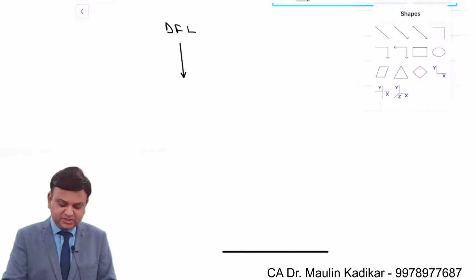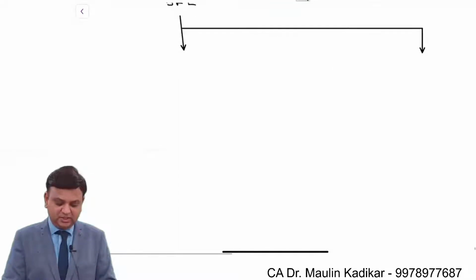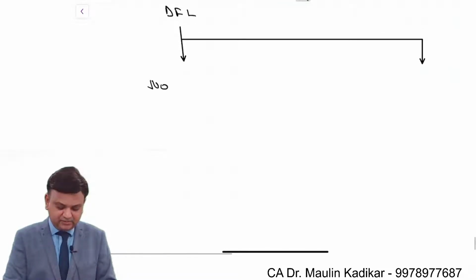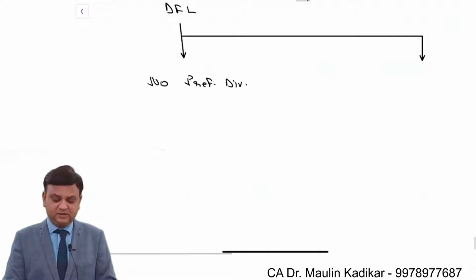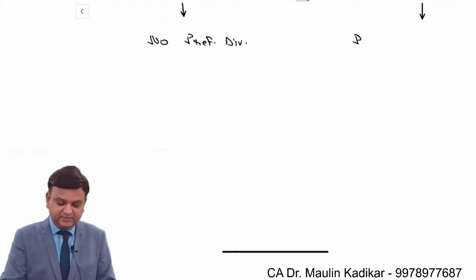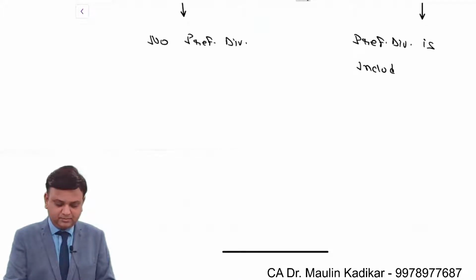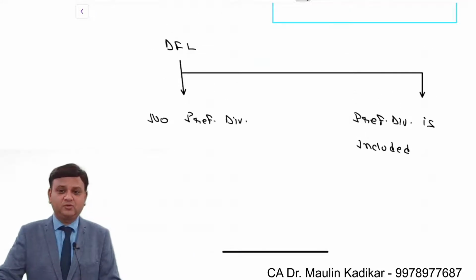In certain questions, the fixed financial charges do not have preference dividend, and in others the fixed financial charges include the preference dividend. That is the way DFL calculation is divided into two parts.